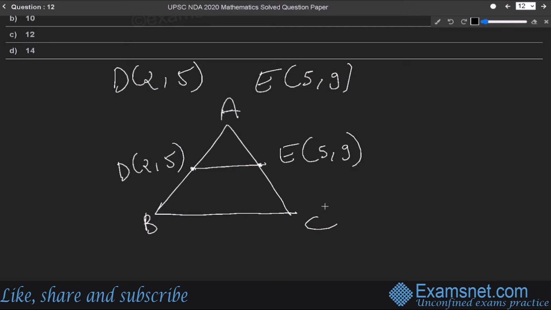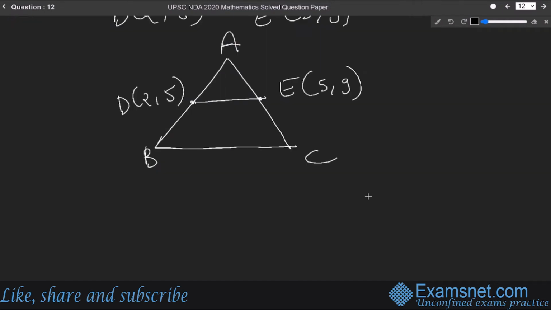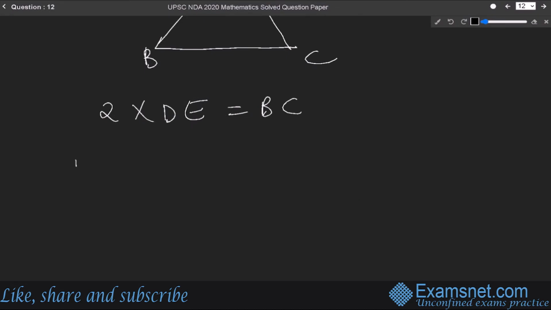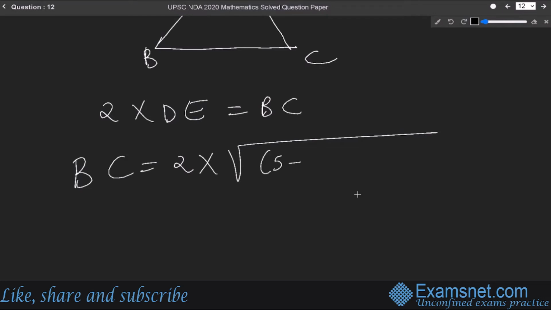These both are the midpoints. Now, since these are the midpoints of AB and AC, then we can write that 2 into DE will be equals to BC, means DE is half of BC. So, BC will be 2 into DE. Now, let us find the value for BC. So, BC will be equals to 2 into under root of (5 minus 2) whole square plus (9 minus 5) whole square.